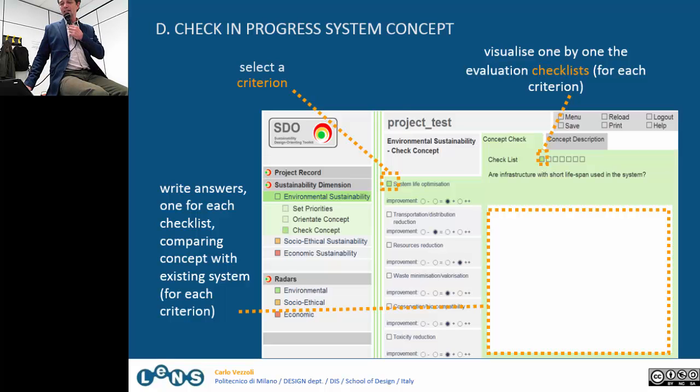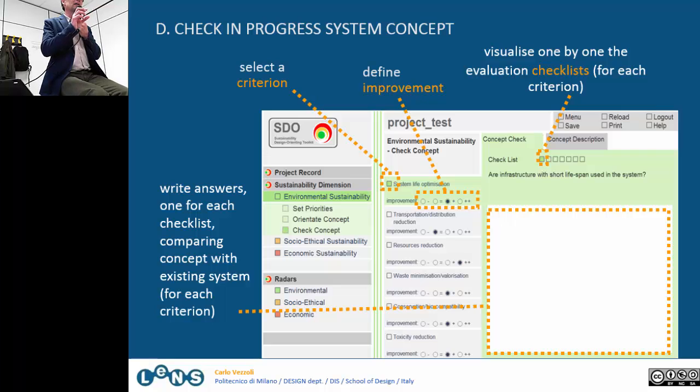Okay? And when this is made, it will be possible for you to define if you actually achieve an improvement. The level of improvement that you will highlight, it won't be today. We will do it in a few lectures. You can say, well, nothing has changed because you realized you didn't do any improvement in relation to resource reduction, for example.